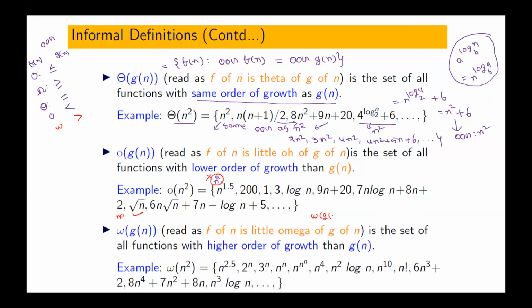Little omega of g of n contains all functions f of n such that the order of growth of f of n is strictly higher than the order of growth of g of n. This is also an infinite set.